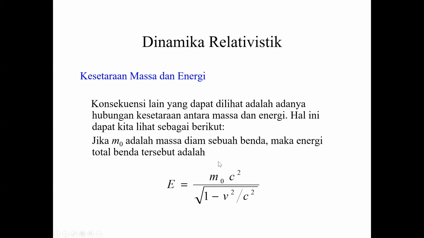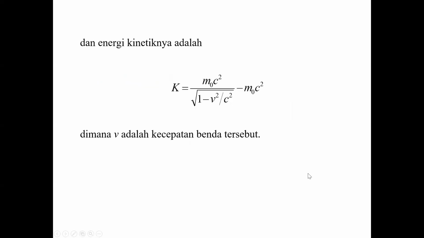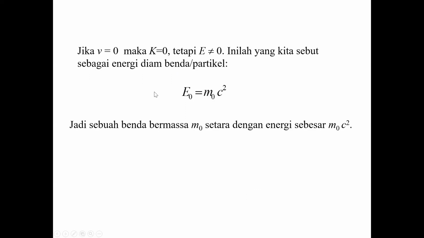This is equal to M0 C squared over the square root of 1 minus V squared over C squared. The kinetic energy is the difference between the total energy and the rest energy. If V is equal to 0, then the kinetic energy vanishes, but E does not vanish. We call this the rest energy.